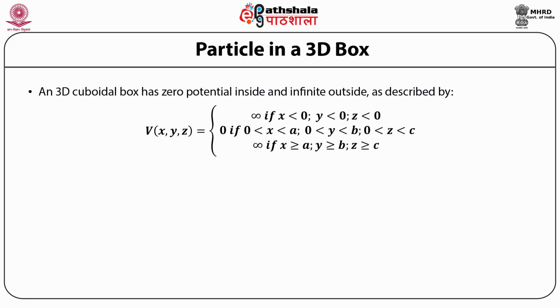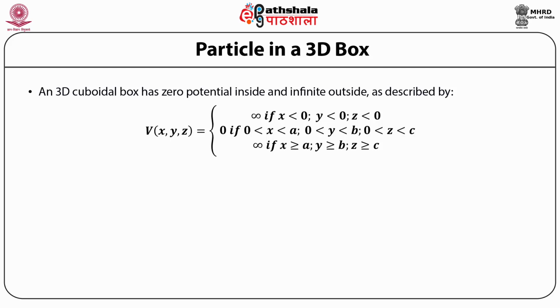Now substituting this solution in the Schrodinger equation and rearranging the terms in the box region where V is equal to 0, we get the equation only for psi x, psi y and psi z, and using the variable separable method we can transform this equation into 3 equations, each consisting of one variable only.